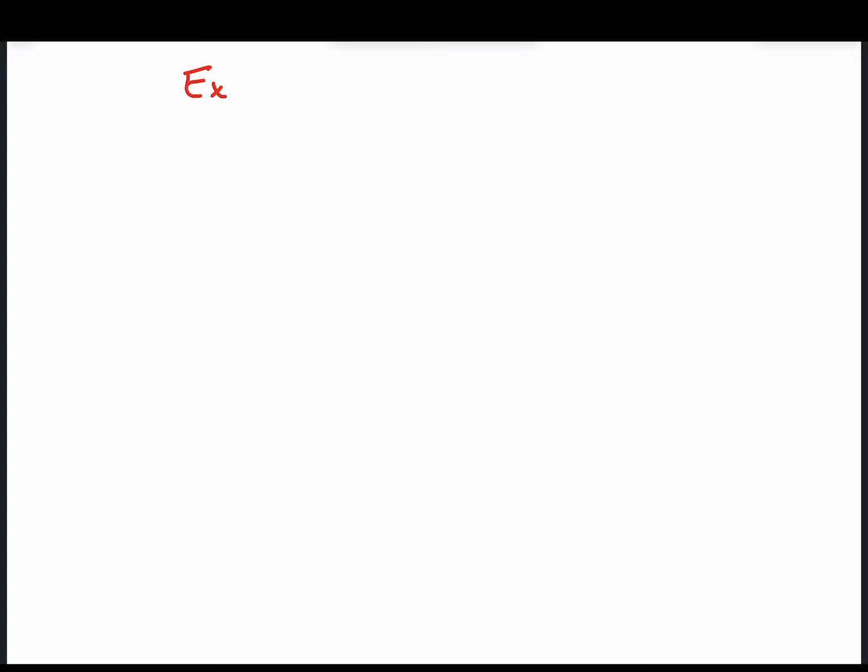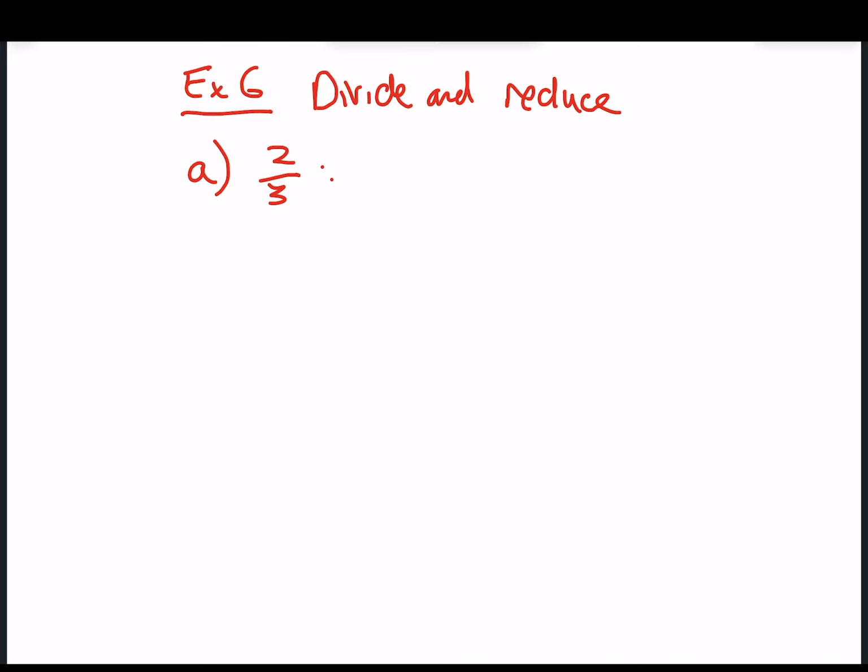All right, example number 6. We want to divide and reduce. The first one, 2/3 divided by 7/15. Okay, so we'll keep the first one. We'll change the division to multiplication, and we'll flip the second fraction to be 15 over 7.